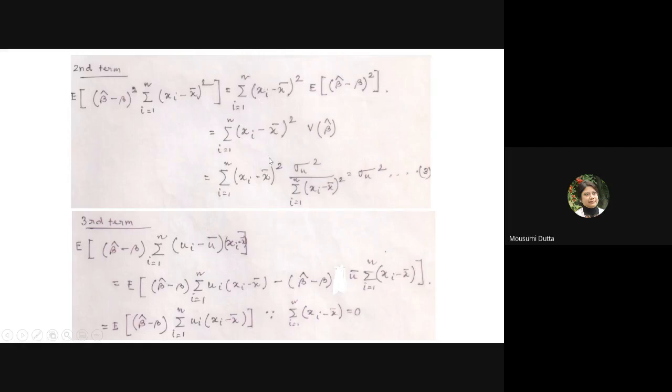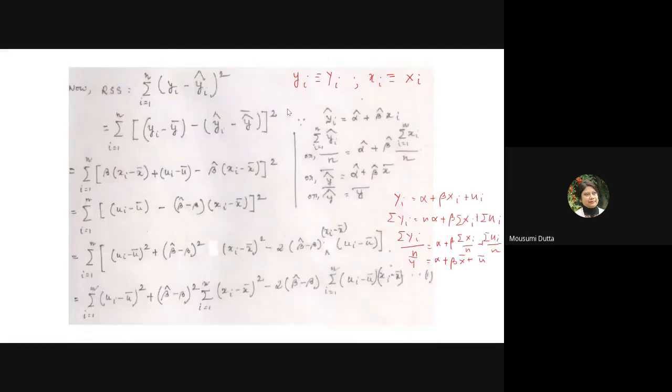You have data on xi and you have knowledge on x bar, so for each observation you will get the value. So it is not stochastic at all. We are considering the sufficient condition, so we are considering xi is non-stochastic, and we are presenting the thing in this way. Got it? Yes ma'am. So the second term gives the value sigma u square.